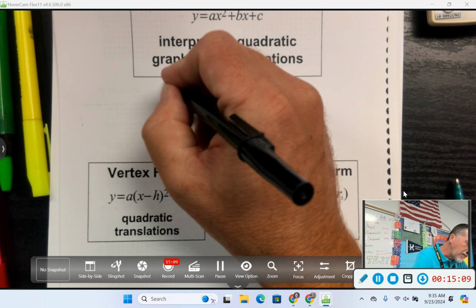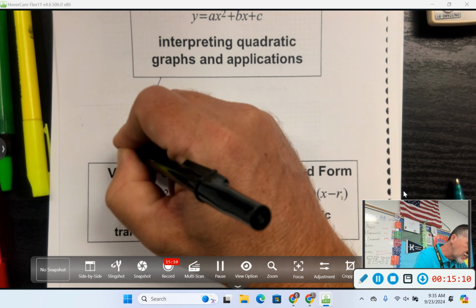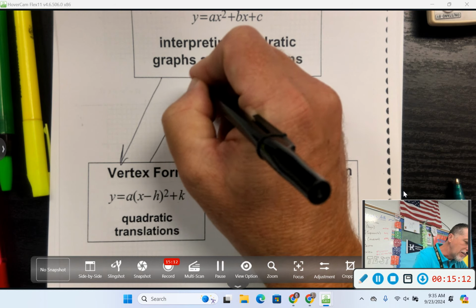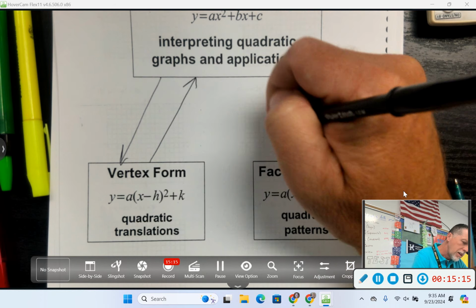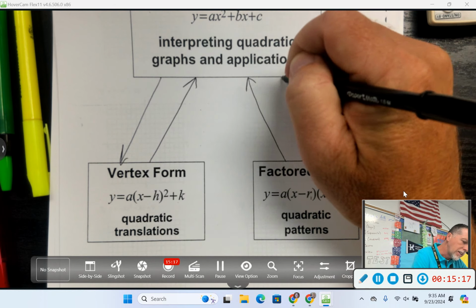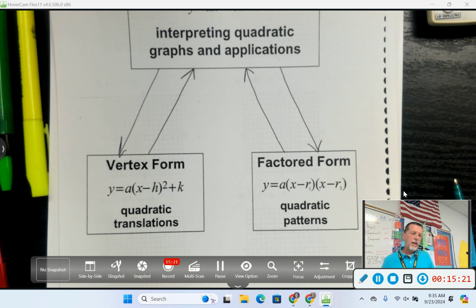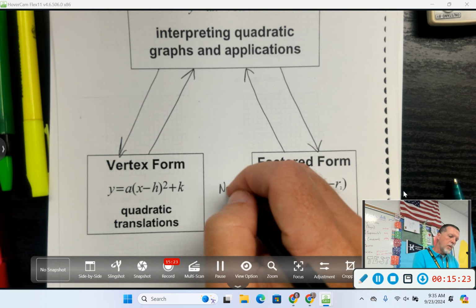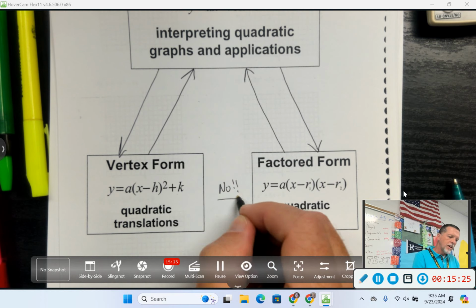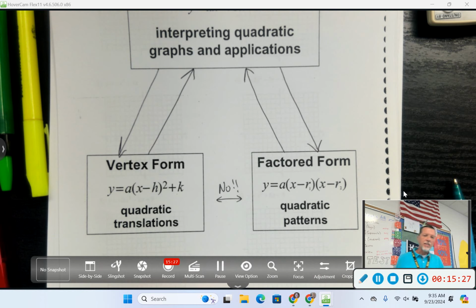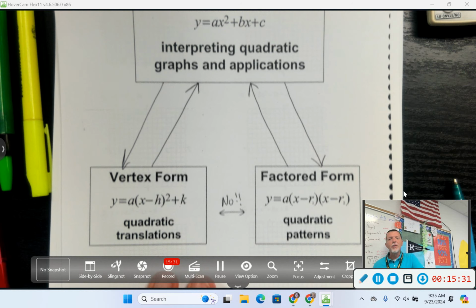The main thing about this big page is how do we get from one form to the other? And for our purposes, we're not going to go vertex to factored. You're going to have to go through the long way if you want to do that.